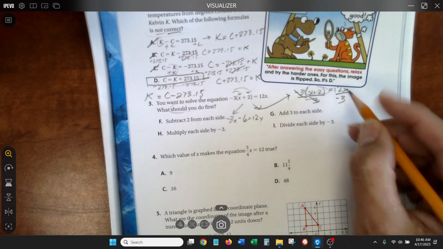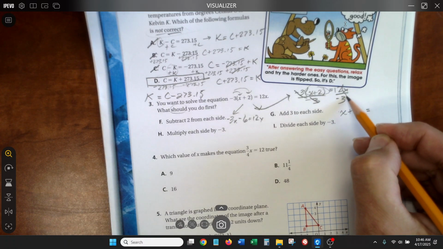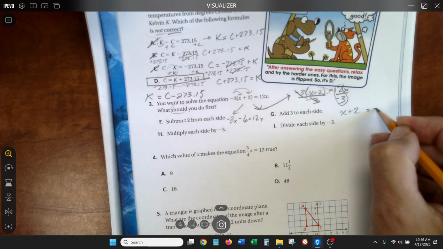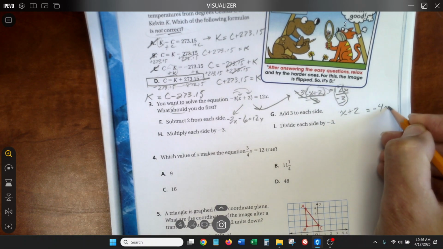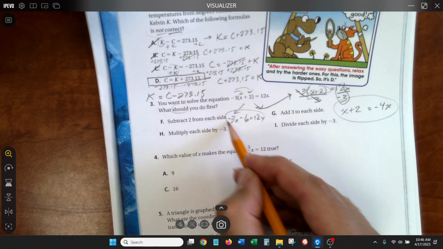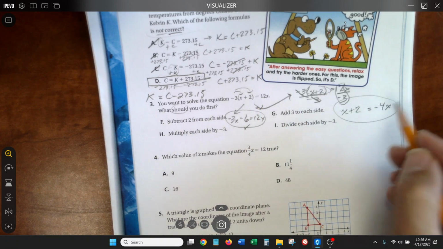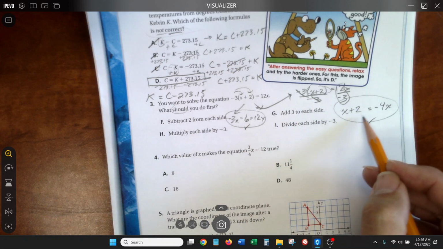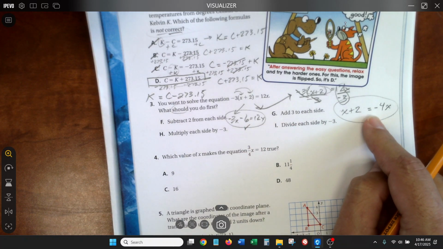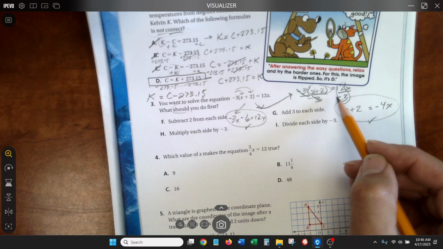And so you're just left with x plus 2 on the left. And then on the right, 12 divided by negative 3 is negative 4, so you just have negative 4x. We're basically given a choice that leads to either this equation or this equation, and this is a simpler equation after dividing both sides by negative 3.